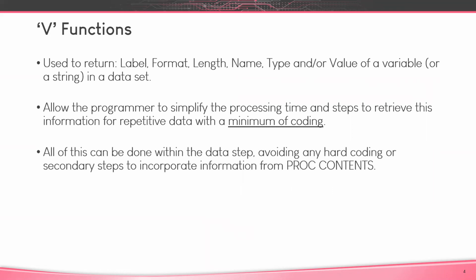You can retrieve the information from within the data step, so there is no need for a secondary process outside of the data step to retrieve that information and bring it back in. It's all done within the data step. And it can help make your program data dependent rather than user dependent or reliant on manual updating.